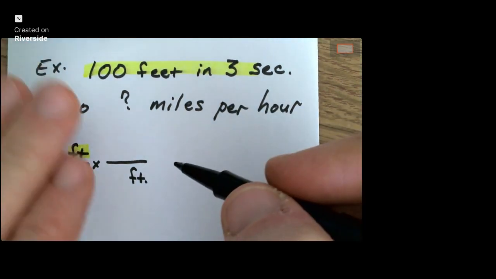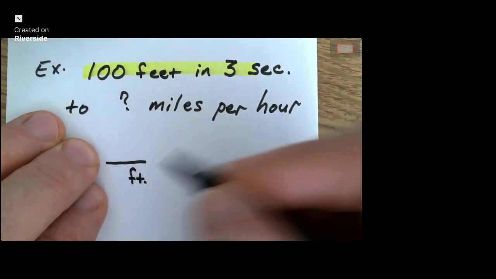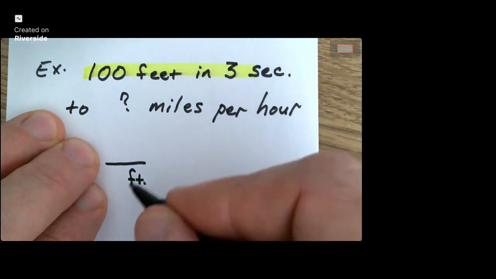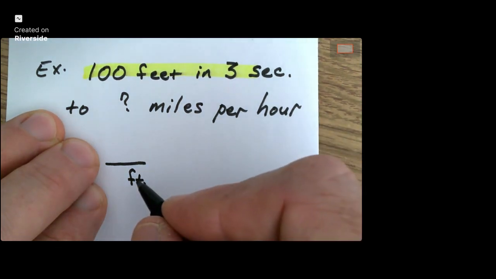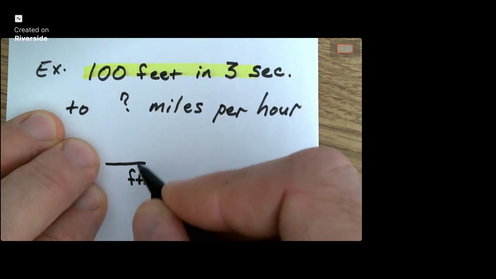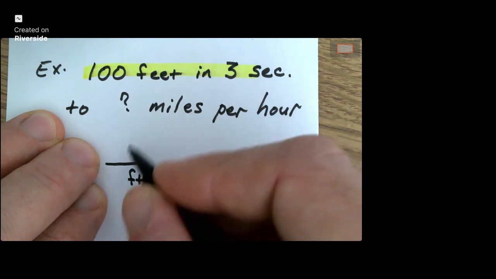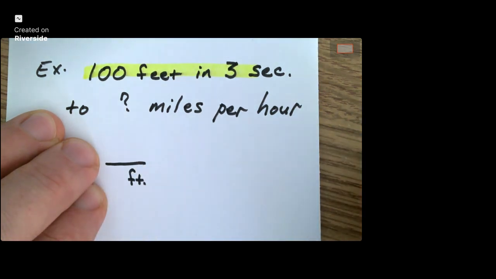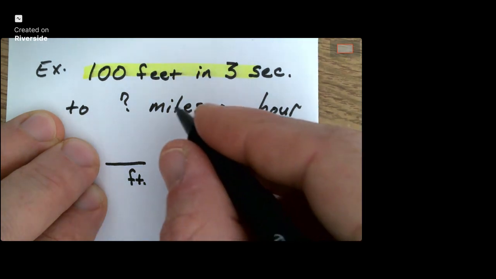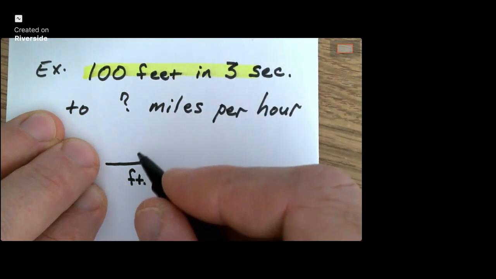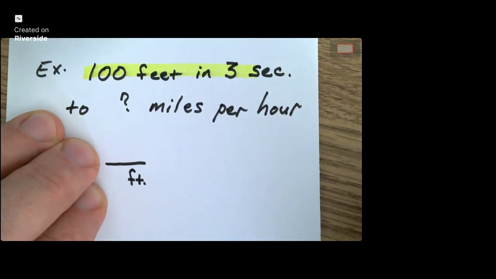Now just forget about all that for a second. This has to be true. We need to figure out what we want to relate feet to. Do we want to relate feet to inches, feet to yards, feet to miles, feet to centimeters, feet to whatever other unit of length? We want miles. So do we know the feet to miles relationship?